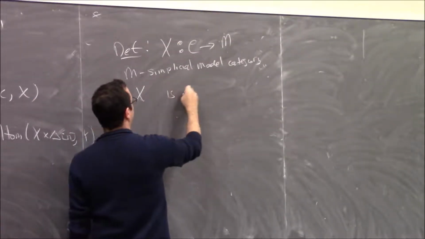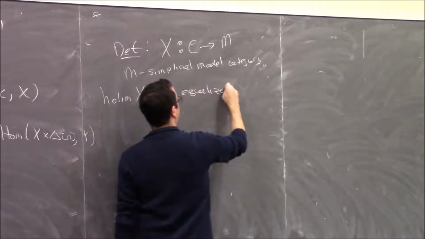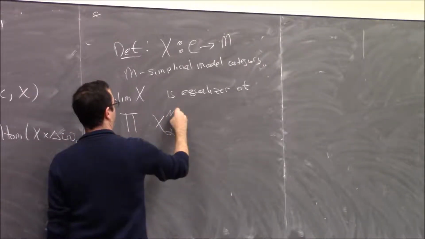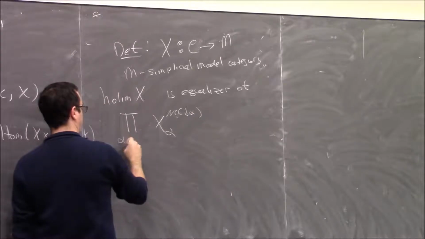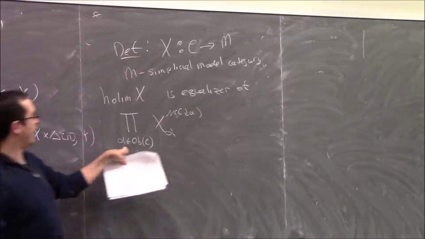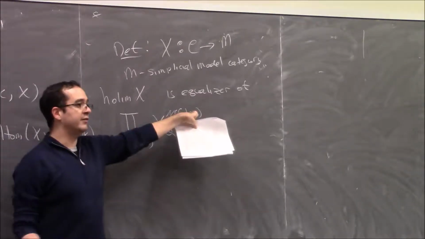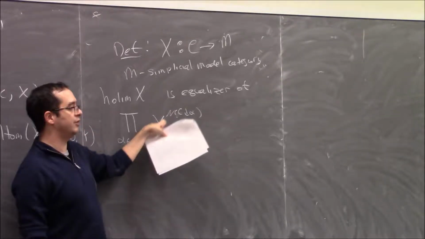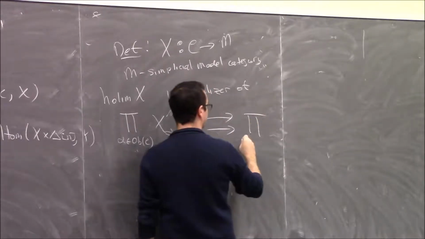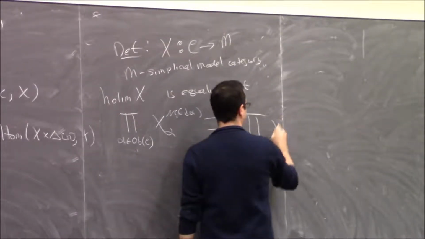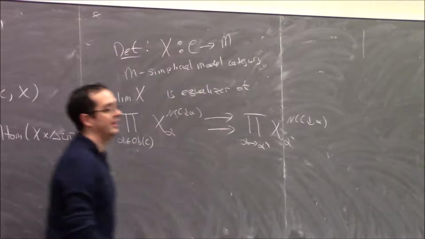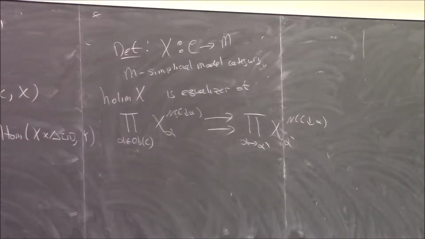So the homotopy limit is the equalizer. We take the Cartesian product over the objects. Nerve, again, is a simplicial set. Since this is a simplicial model category, this is defined. We're taking two maps over. We're taking the Cartesian product indexed over morphisms. We interpret what it means to raise X to a simplicial complex.